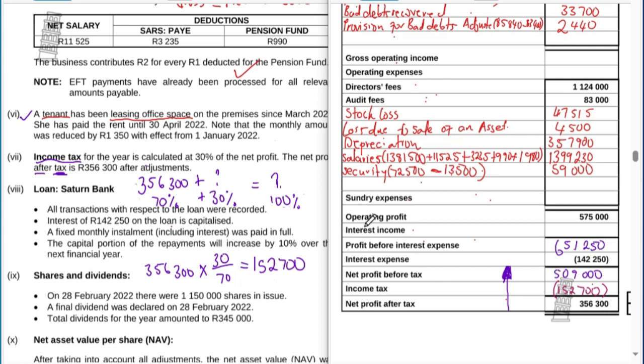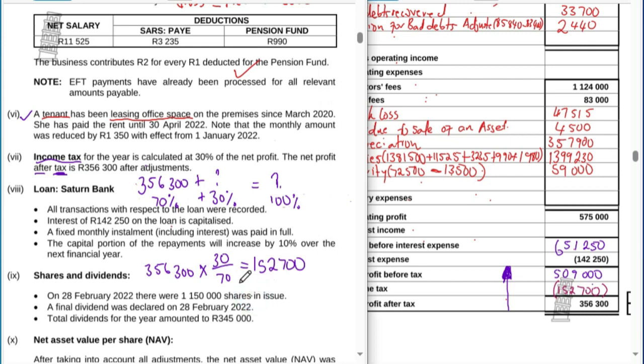Now we are left with interest income. So guys, this is how we do our income tax. You just need to know what is given to you, and then apply it and use calculations. And then guys, let's move to our transaction number 8.